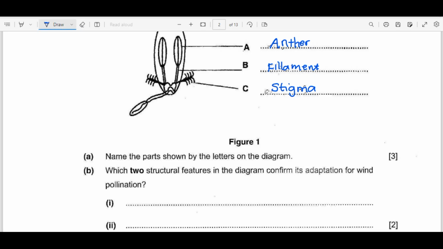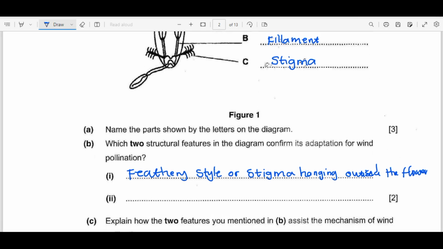So we'll say feathery style or stigma hanging outside the flower. Then for Roman number 2, we can look at the anthers.